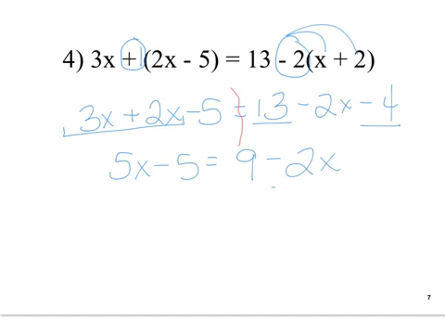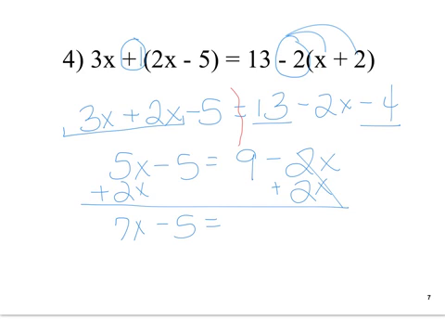I like to move my x's. It doesn't matter which x you move. This is what I was talking about. Move your variables first. It makes it so you don't get a 0 on the other side, and tends to confuse people. Okay, and do your inverse operation. And your inverse operation.